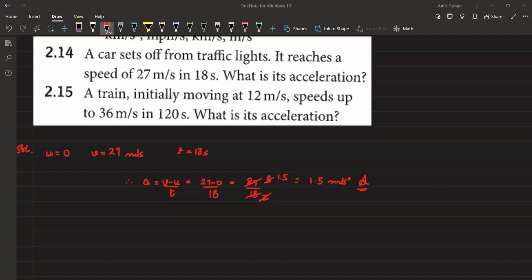Yes, Ayaan, what's the answer? The answer would be 0.3 meters per second square.